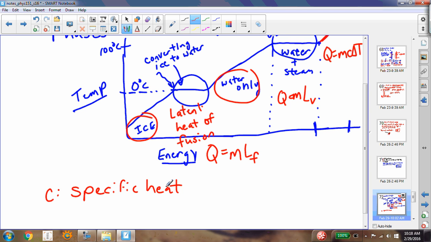The specific heat of a material describes the amount of energy required to raise that material's temperature by a certain amount. Let me repeat that. It describes the amount of energy required to raise the temperature of the substance by a certain amount.